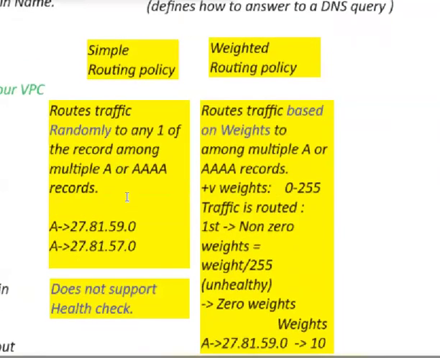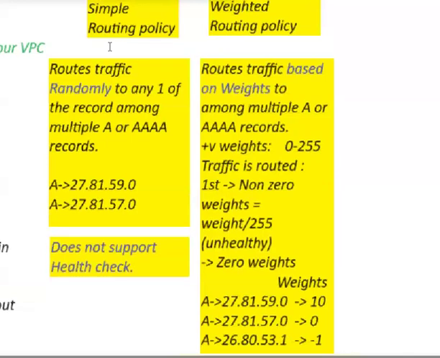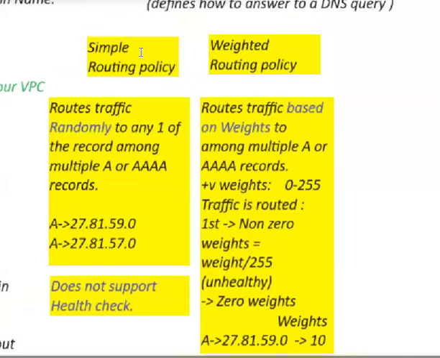If any unhealthy record is found in the simple routing policy, your request will be sent to the unhealthy record, and it won't resend to another healthy record to get the response for the requests you sent.